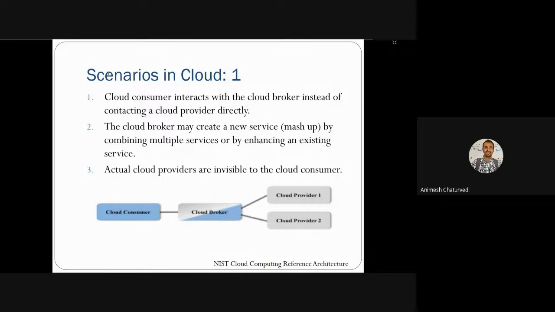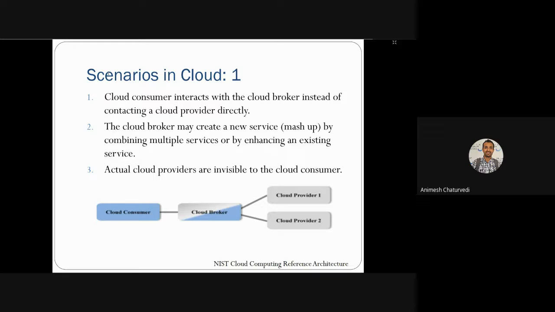Then we'll discuss various scenarios. Scenario one: the cloud consumer interacts with its broker instead of directly interacting with the provider. In this figure, you can see the cloud consumer is interacting with the broker, and the broker is communicating with two cloud providers, cloud provider one and cloud provider two.